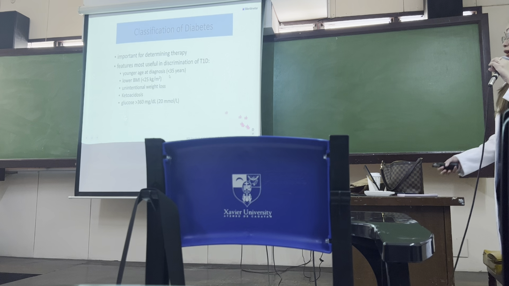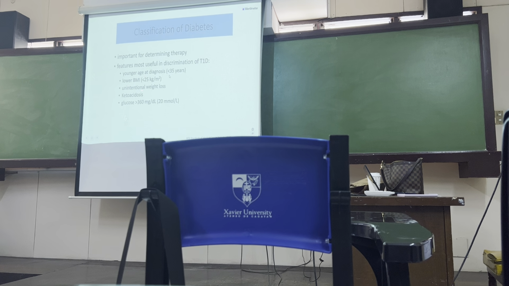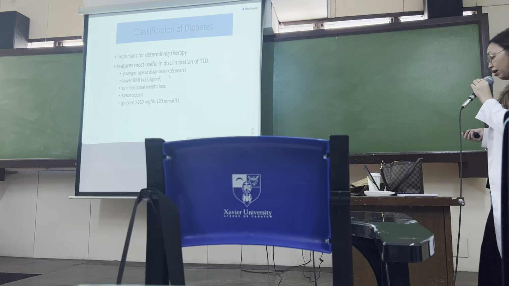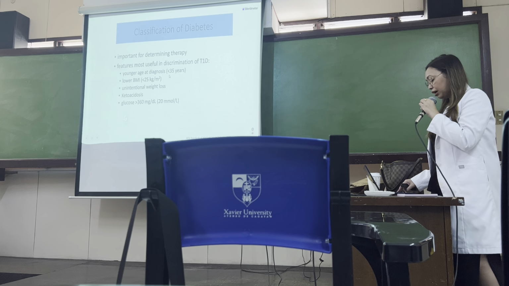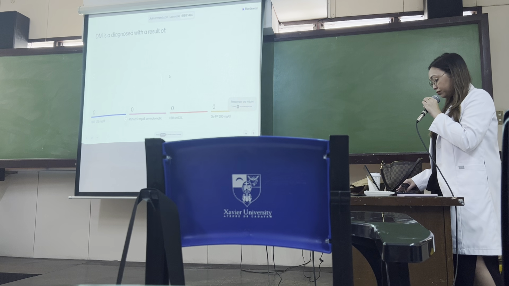These are the features useful in the clinical discrimination of type 1 DM compared to type 2. Patients with type 1 DM are oftentimes diagnosed younger with a lower BMI, presenting with unintentional weight loss, ketoacidosis, and hyperglycemia at the level of more than 360 milligrams per dL.